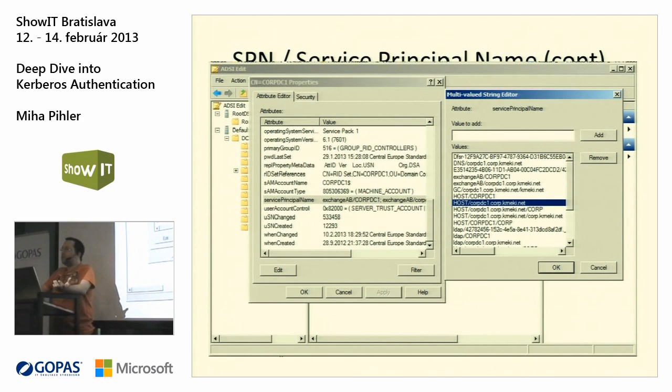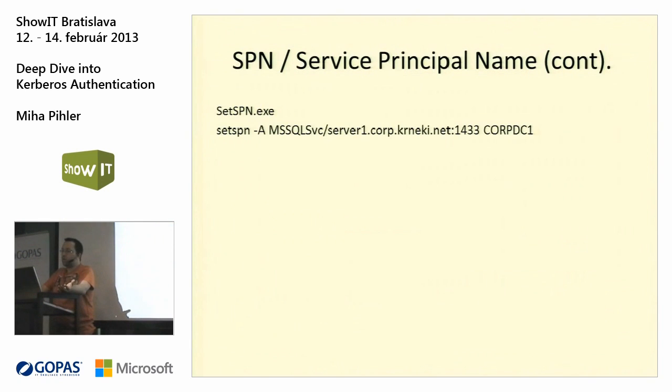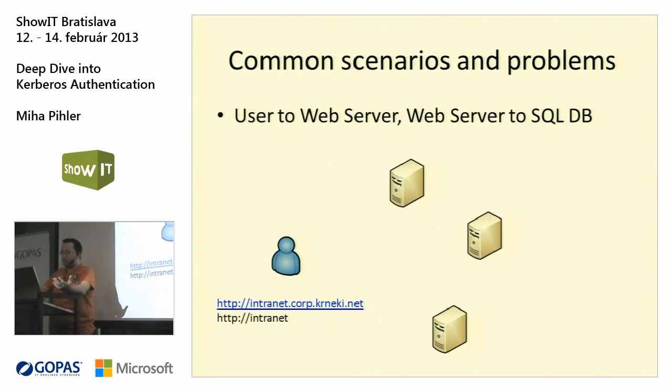So now that we understand SPNs, and how the logon process works, here's one of the most common scenarios. I have a user. This is my domain controller. This is my web server, and this is my SQL server or database server.